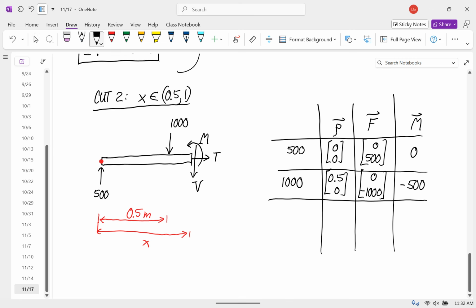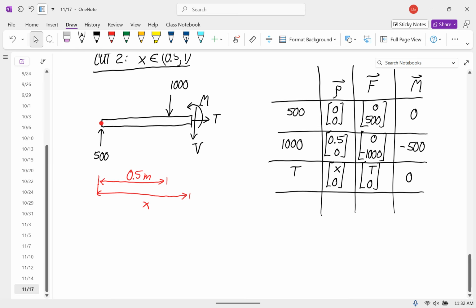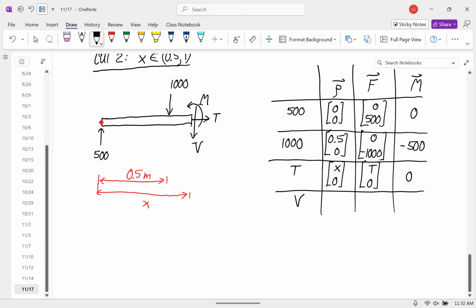And then we'll go to t. That row vector is x0. The force is t0. Cross product is 0. Then v. Row vector is x0.